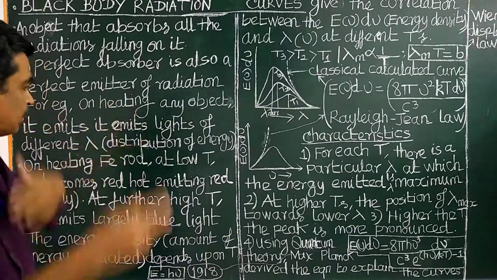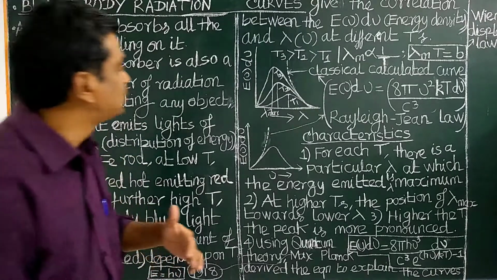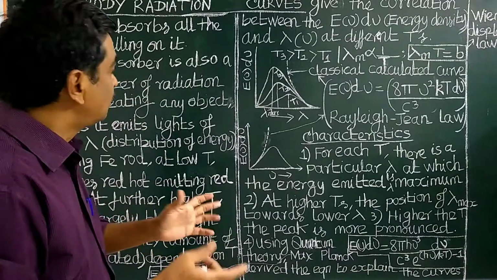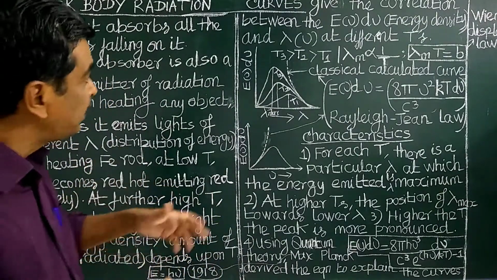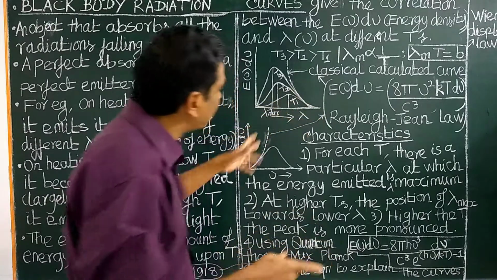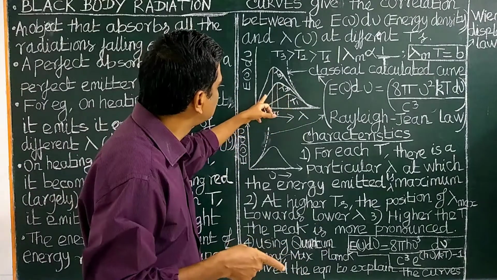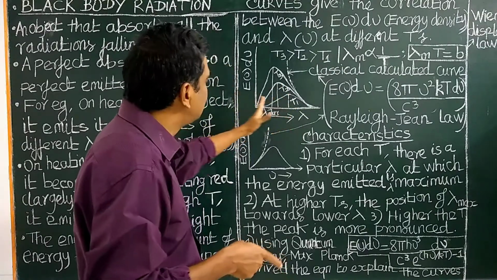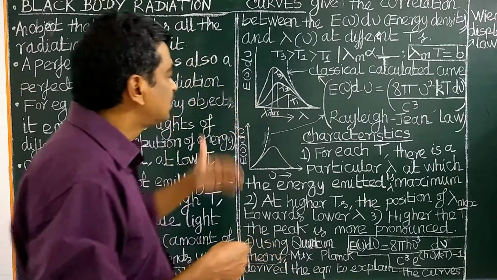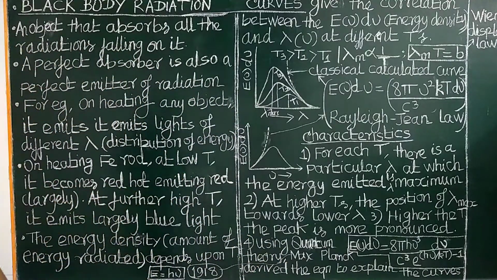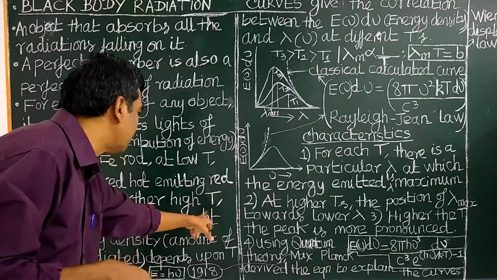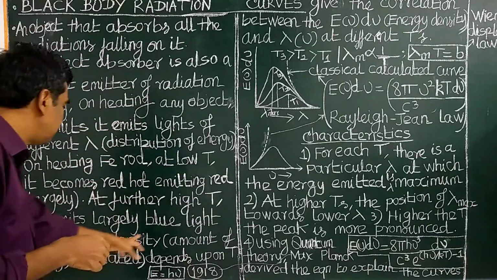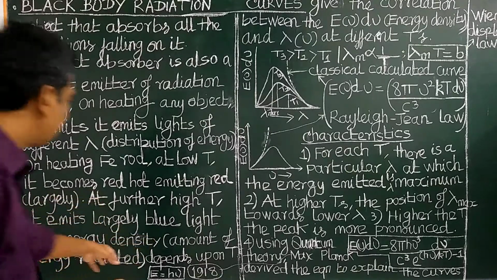Now, at a further higher temperature, for example T2, that is 1500 Kelvin, the black body emits all the different wavelengths, but the lambda max shifts towards the left, that is the wavelength is decreasing. It emits blue light, which is called blue shift, as you are studying.